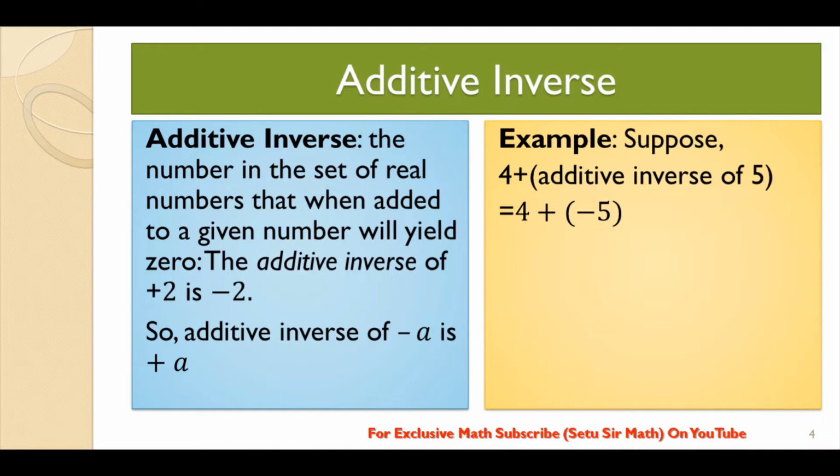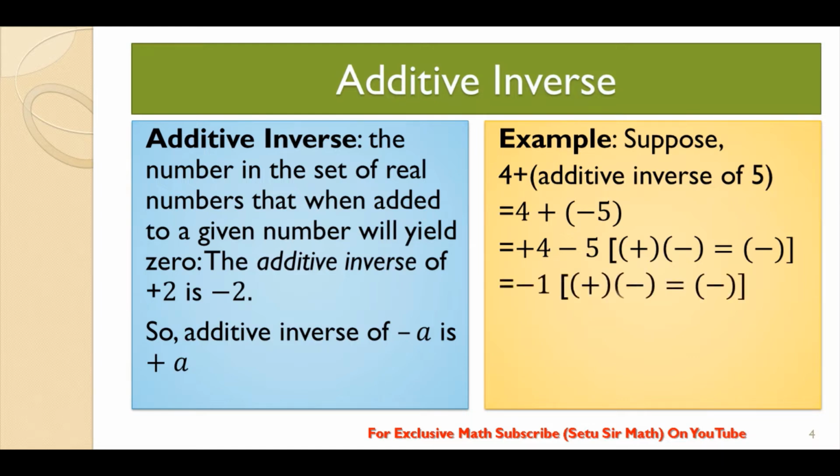After that, 4 minus 5. Why? Because plus and minus, in here, would be minus. We already learned the multiplication rule at first: plus and minus would be minus. So from plus 4 and minus 5, the answer will be minus 1.